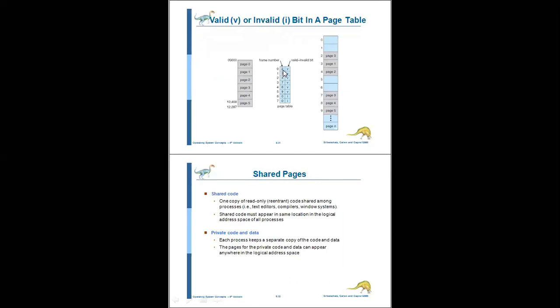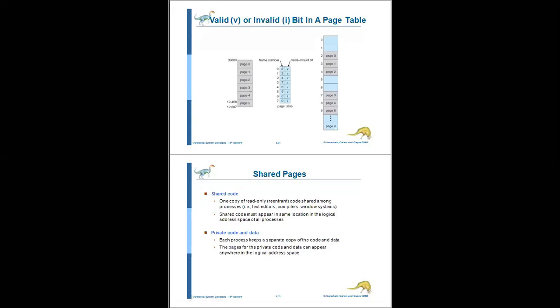From 0 to 5 only are the logical memory pages, so those entries we mark V. V is nothing but valid. 6 and 7 are not there in logical memory, so those are invalid. This way we protect the values with valid or invalid bits.